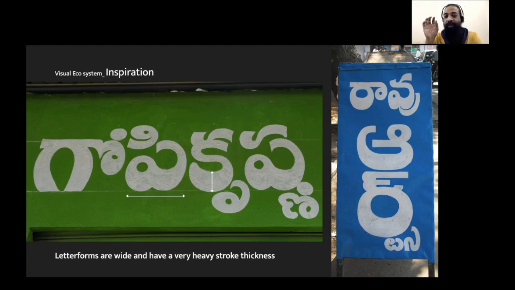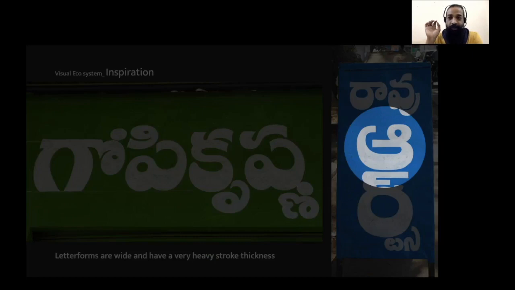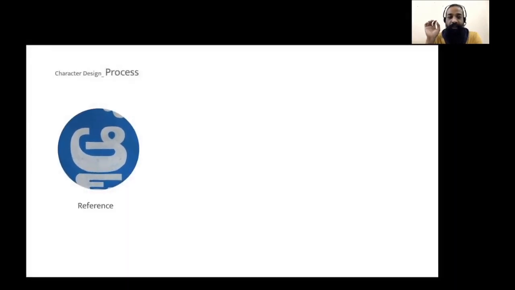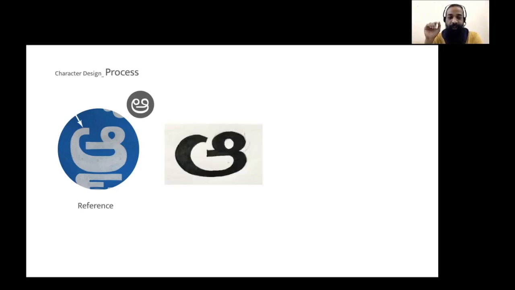So I chose one of the letter forms as a reference, and if you compare it with the character in an existing typeface, the beginning of the letter form is more open, and this treatment reduces clutter in the letter form and makes it more readable. Later on I sketched.